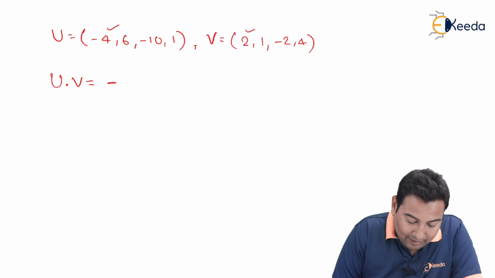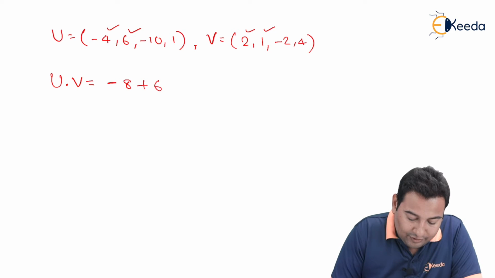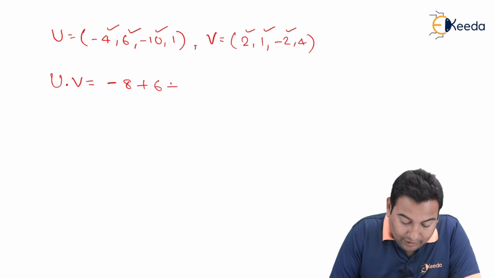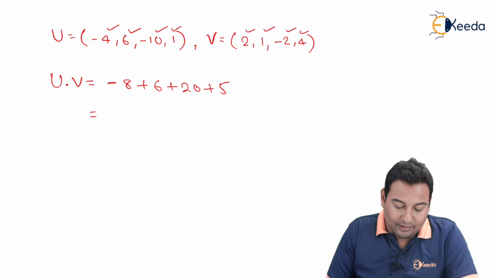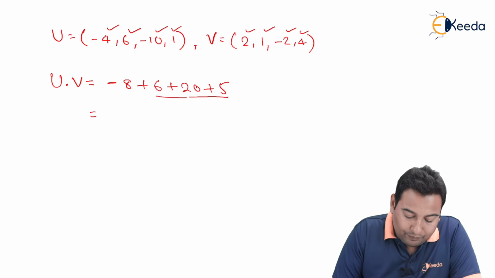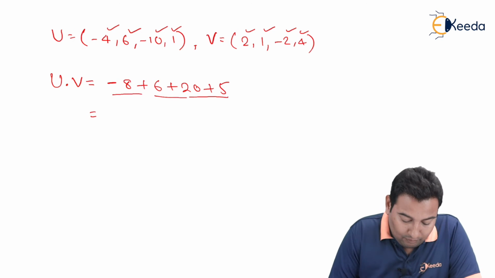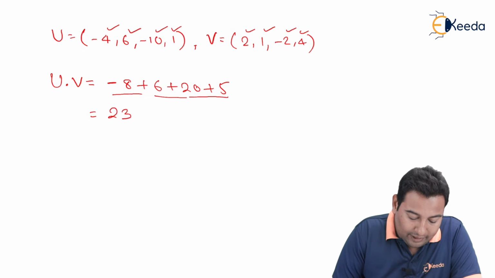Minus 4 into 2 is minus 8, plus 6 into 1 is 6, plus minus 10 into minus 2 is plus 20, plus 1 into 4 is 4. Here friends, the answer is, this is 25 plus 6, 31, 31 minus 8 is 23.